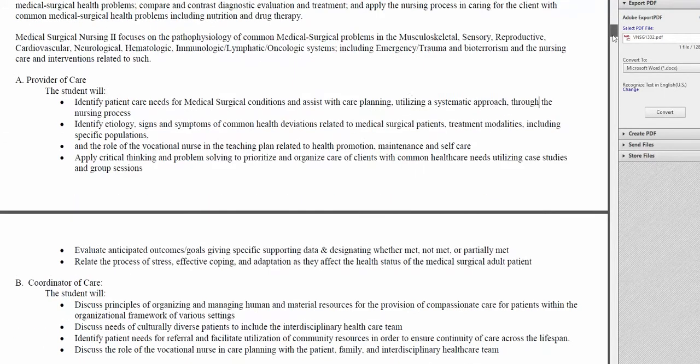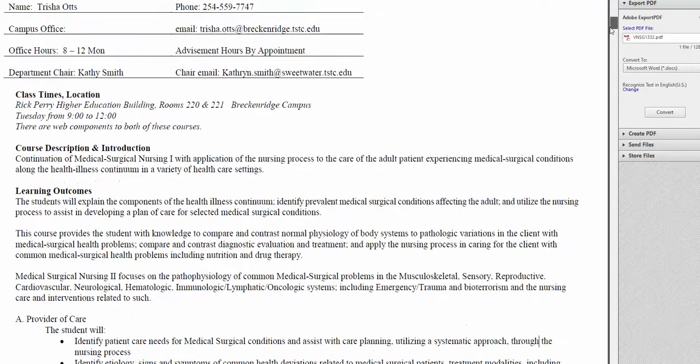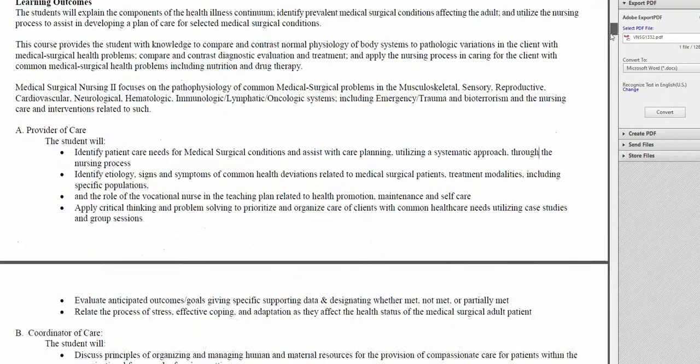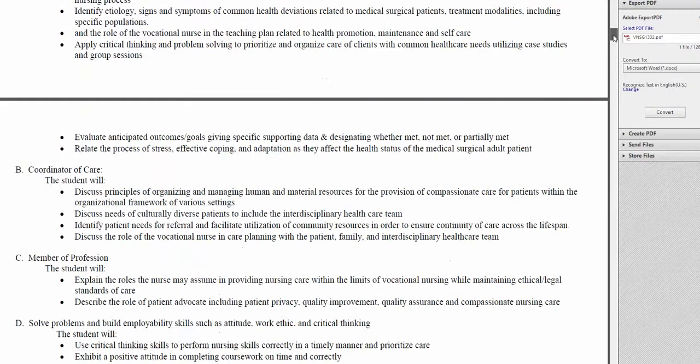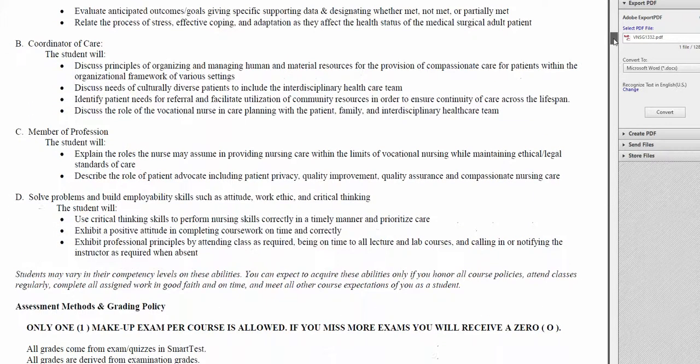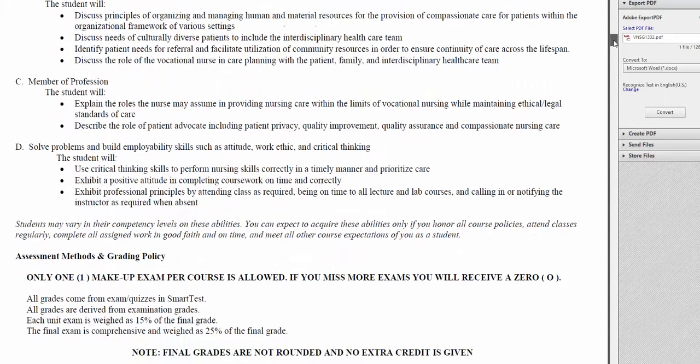So this professor, when she identified her syllabus, she actually made the connection back to the program outcomes too, in her course outcomes, which is very, very cool. So there's nothing wrong with doing that. It's very good to do that.